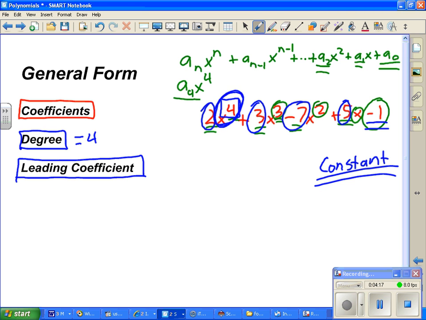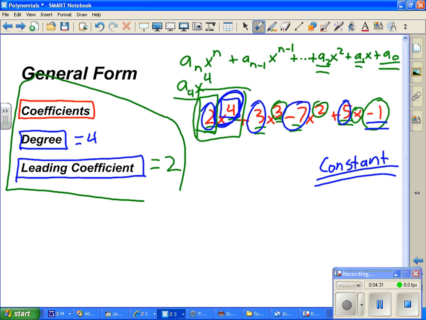So x to the fourth is my highest power, so my degree is 4. That means that this 2 here is the leading coefficient because it goes with this term. This term is important. The reason we pull these out is because it's going to help down the road with graphing. And in Algebra 2, we found that knowing the degree and knowing the leading coefficient would help you out when you graph. Okay? I've kind of made a mess here, but hopefully everybody understands where that comes from.